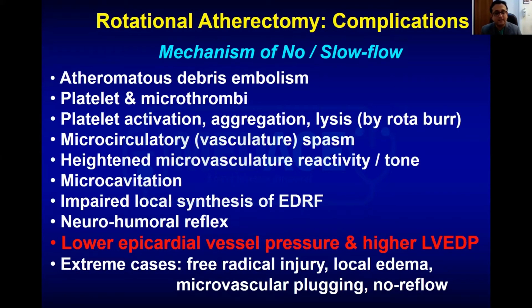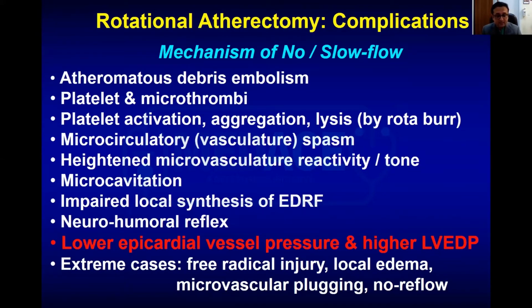So one of the things that is particularly important clinically for me is somebody with low EF, high LVEDP, and when they have a lowish blood pressure, you know that their epicardial vessel pressure is going to be low and the EDP is high. So these patients are the ones which I feel are going to be very prone to slow flow.